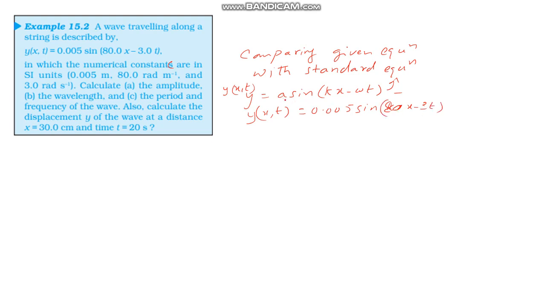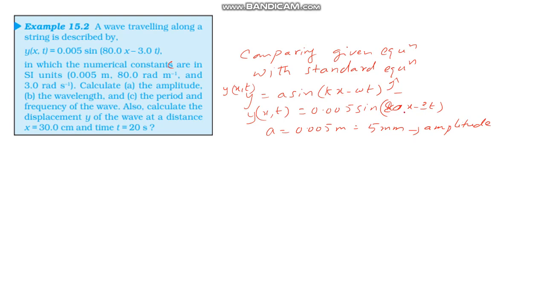So in the place of a you have 0.005, so a is equal to 0.005 meters or 5 mm. This is amplitude, because in the standard equation a is the amplitude.